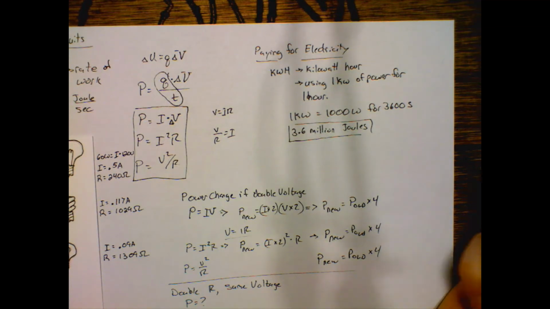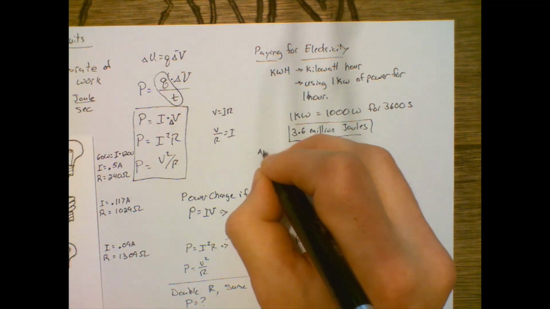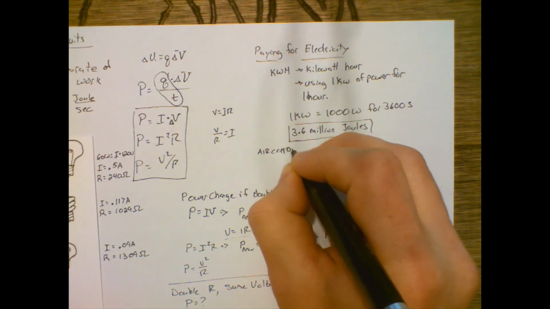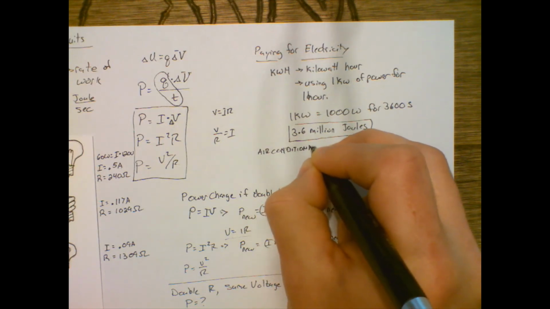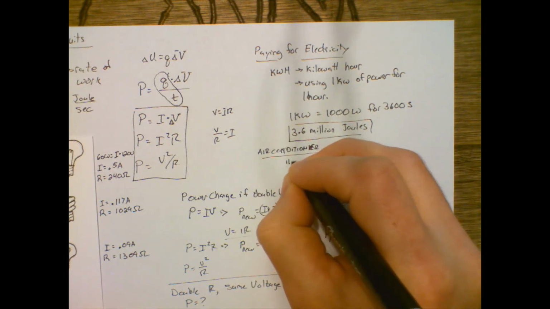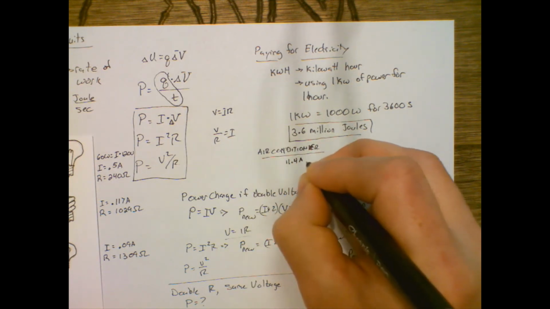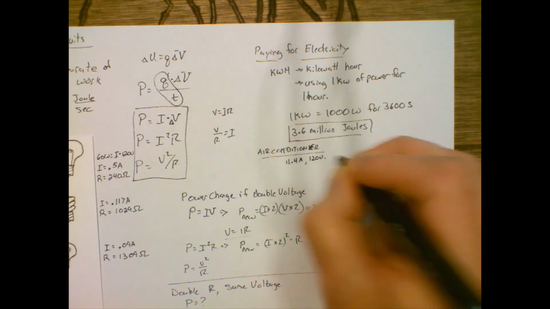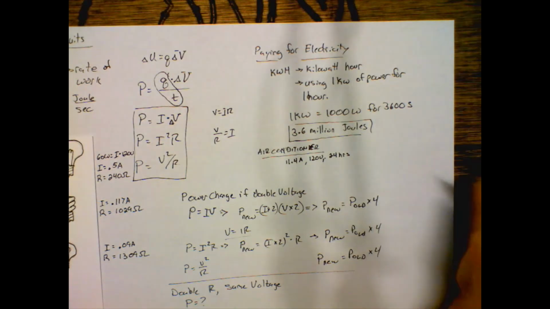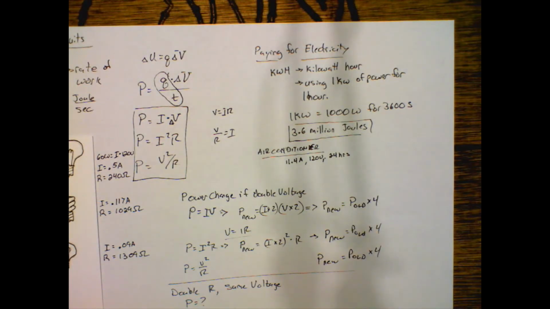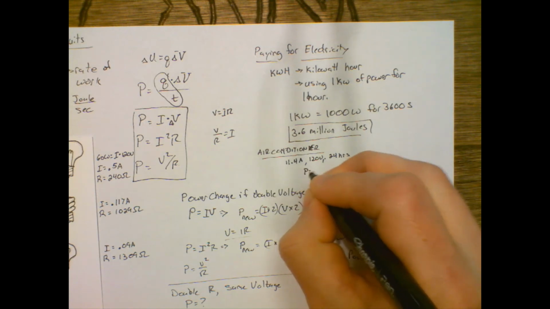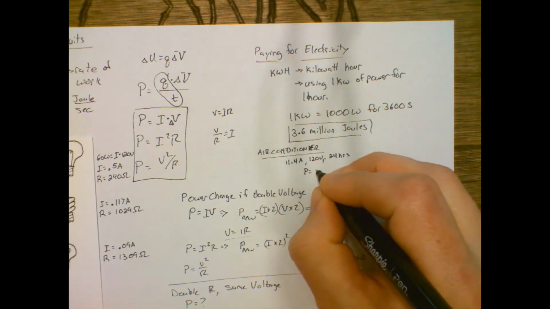So let's say you have an air conditioner. All right. I looked up one, 11.4 amps at 120 volts. Let's leave it plugged in for 24 hours. How many kilowatt hours of energy does that use? Well, we can say power is just current times voltage.